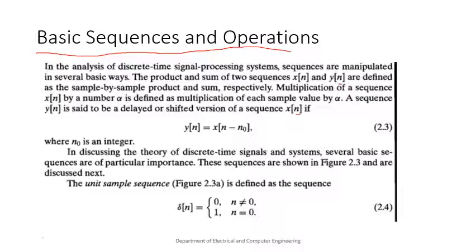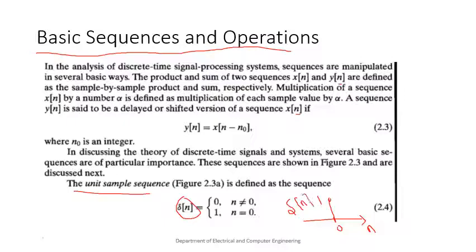So here the unit impulse, or unit sample sequence, is defined as, we also call this the delta function or unit sample. The unit sample is just this thing which is 1 at 0. These are the n-axis, and this is the delta of n.